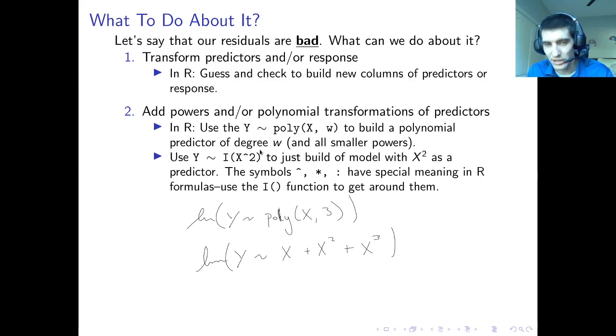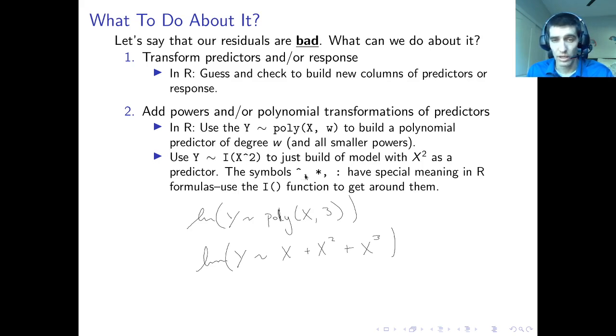Lastly, there's some specialized syntax here. These symbols, this power symbol, this multiply symbol and this colon symbol, have special meaning in R formulas that aren't what you think they are. In particular, if you just wrote y as a function of x squared here, you would think you would just get x squared, but you don't, because the caret symbol means something in particular in R formulas.